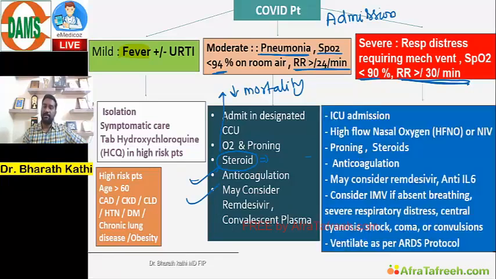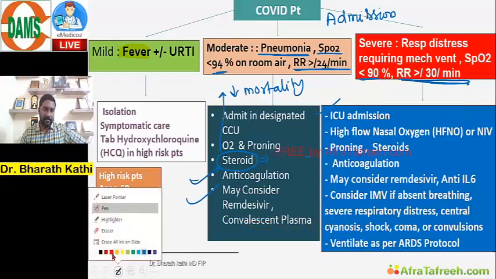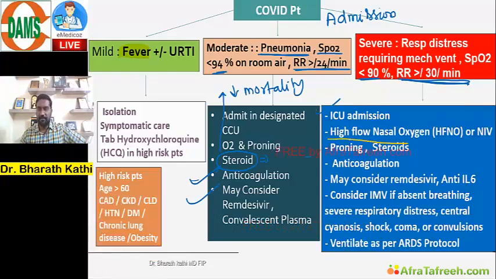When the patient becomes sick, he requires ICU admission. Within the ICU, we can initially start high flow nasal cannula or non-invasive ventilation. Again, proning, steroids are very important, anticoagulation given. And you can consider remdesivir and if required, anti-IL-6.